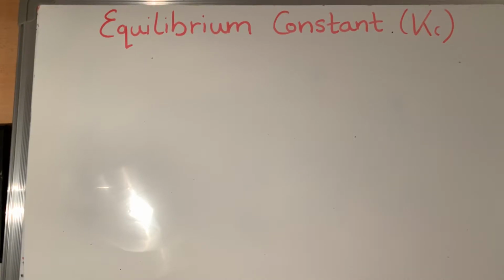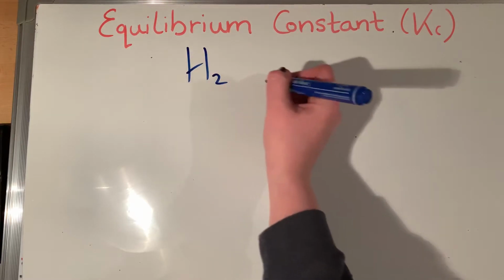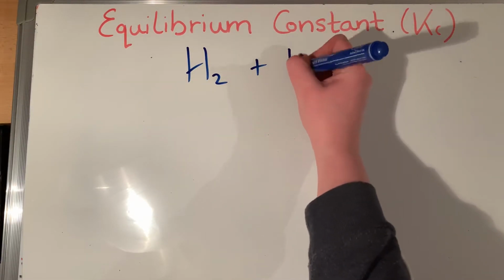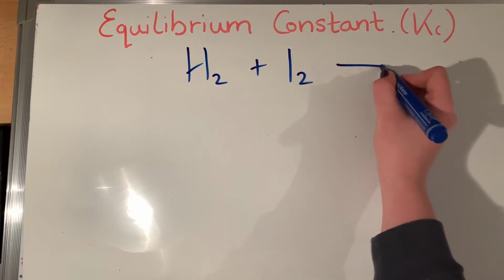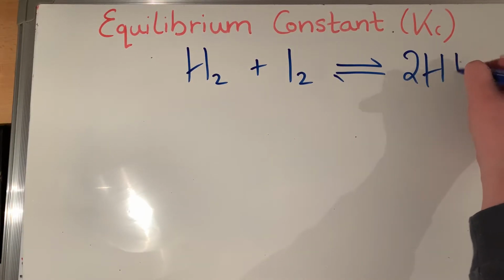So let me see, we'll pick out an example here to have a look at. So let's see, if we take the example here, H2 plus I2 goes to 2HI.